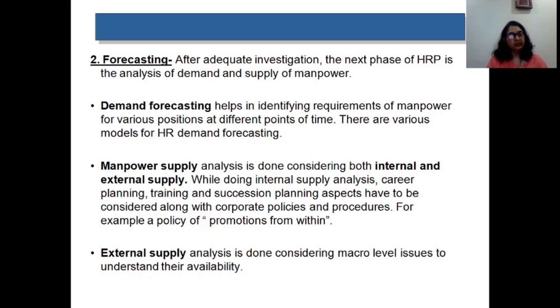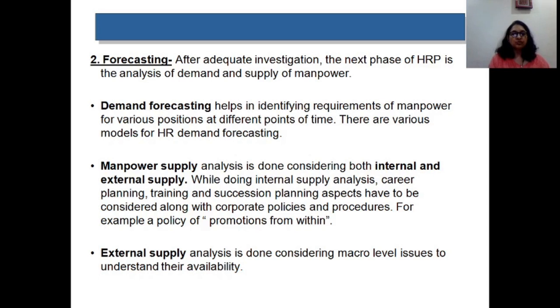It helps in identifying requirements of manpower for various positions at different points of time. Whereas looking at the manpower supply side, the organization should consider both the internal supply and the external supply.